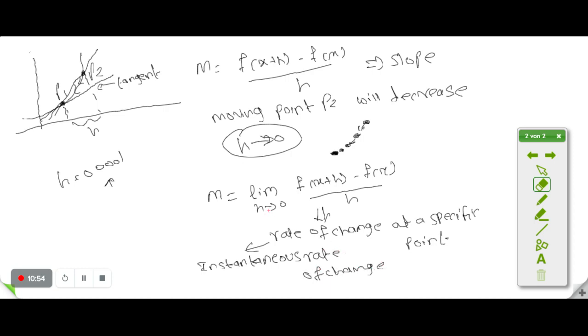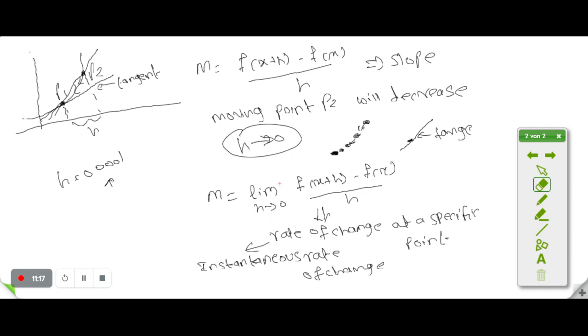Why did we apply limits? h is not zero, it's almost approaching zero. There will be a point when these points are basically touching, infinitesimally close. And if I draw a line, this is basically a tangent line, right? And now I already know the formula for slope, so I applied this limit.